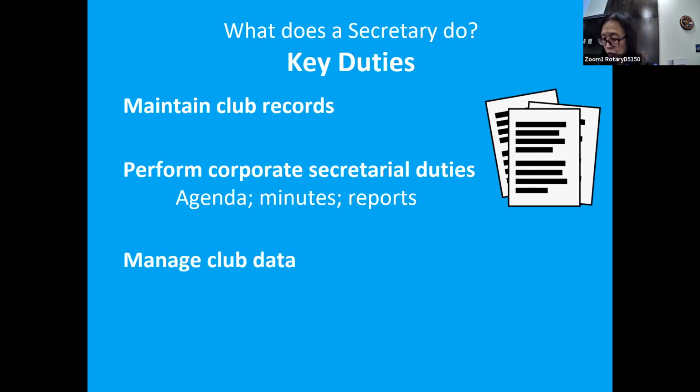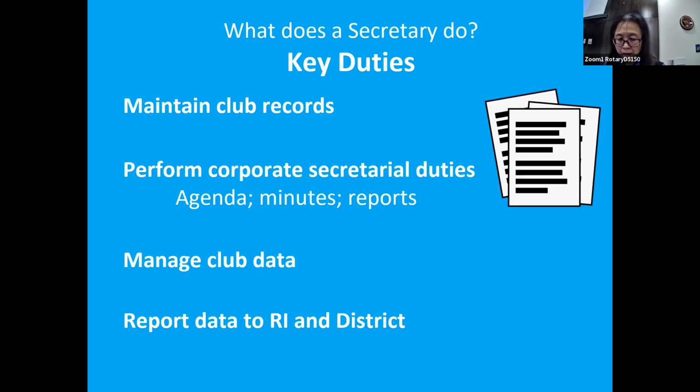I've managed the club's data, which you're going to get a lot of training on today. I've reported data to RI and the district. If the district wants to know how many members we have, or why their invoice isn't paid, I answer to that. If RI needs verification, for example, a member went in and changed something but it's not synchronized, I will be contacted.